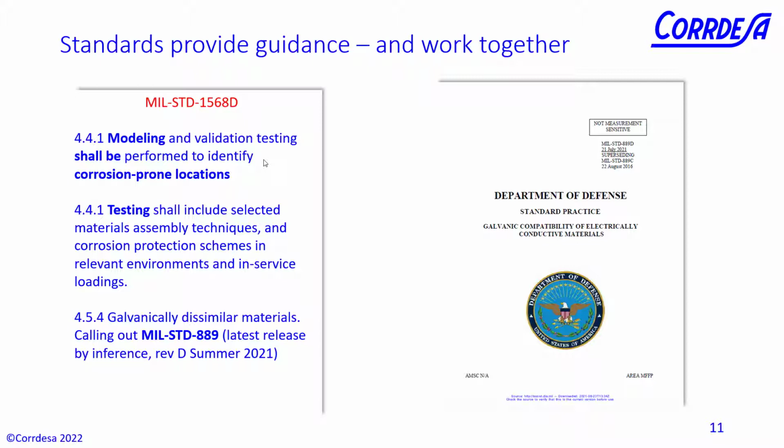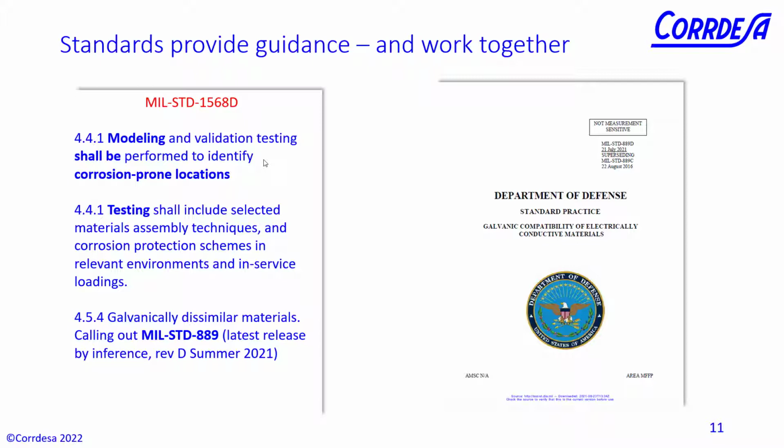But like they say in the stock market, past performance is no prediction or guarantee of future performance, and sometimes it's difficult to extrapolate. So with computational modeling, there are methods to look at your system, do that kind of a technical audit, and highlight corrosion prone locations, and I'll show you.